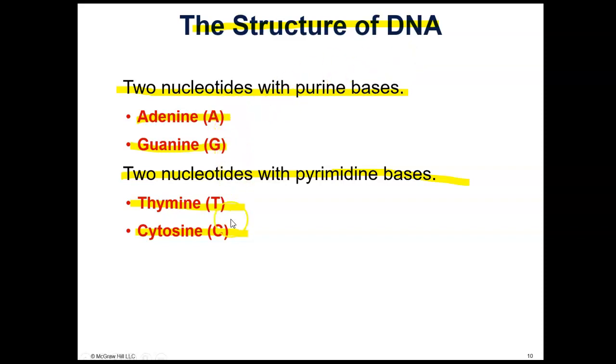So we have 4 nucleotides that are the building blocks of DNA. 2 of them are called purines, and they are adenine and guanine. And from this point on, we'll call them A and G. And then the other 2 nucleotides are called pyrimidines, and those are thymine and cytosine. And from now on, we'll call those T and C.